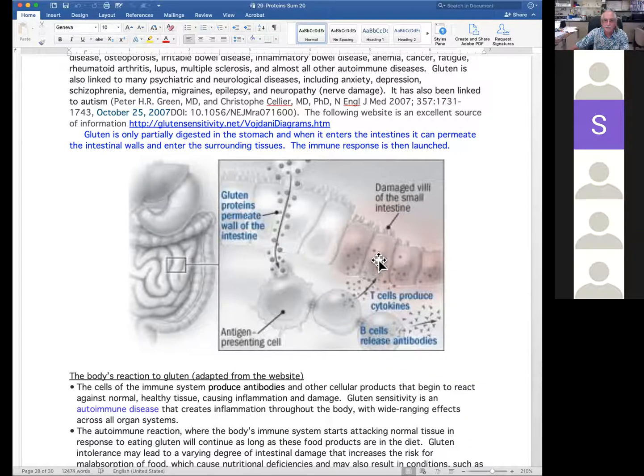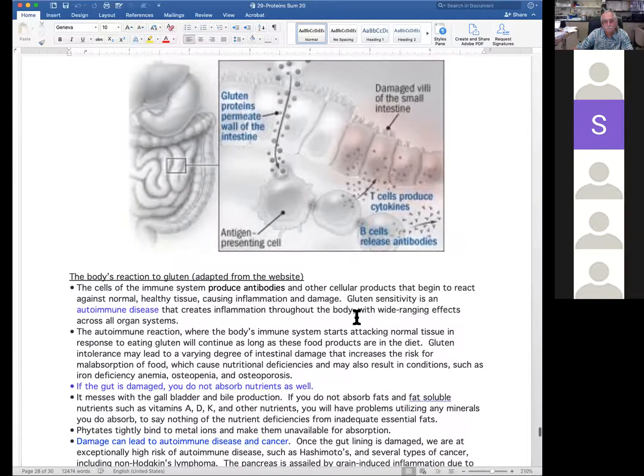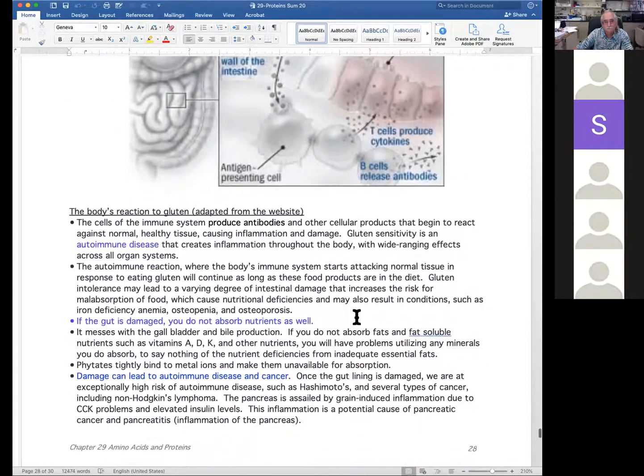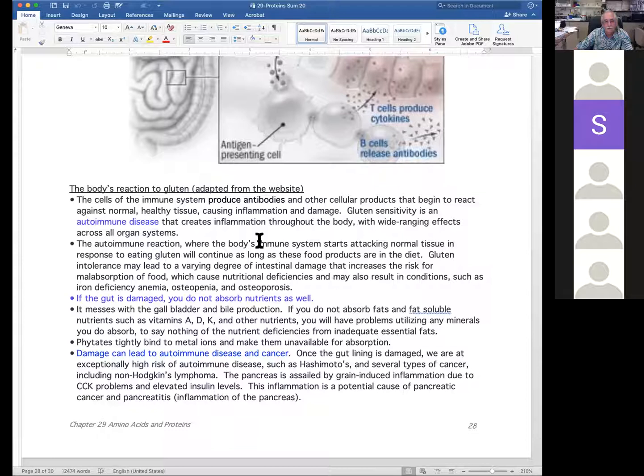These damaged cells release all kinds of cytokines and inflammation factors and everything else, and that mounts the immune response. The immune response is really what causes the problems. So I'm simply calling it an autoimmune disease.